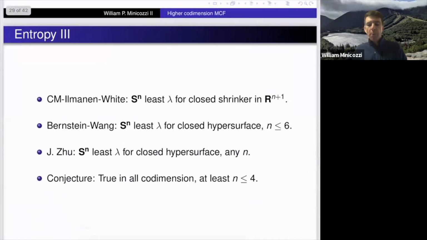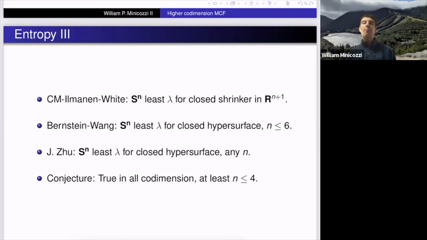Toby and I, with Brian White and Tom Ilmanen, conjectured that the spheres minimize entropy for closed shrinkers. We actually proved they minimize entropy for closed shrinkers, and we conjectured that they minimize entropy for any closed hypersurface in every dimension. We actually only conjectured it up to dimension 6, because once you hit dimension 7, we didn't know what would happen, basically because of regularity issues for the Plateau problem there.